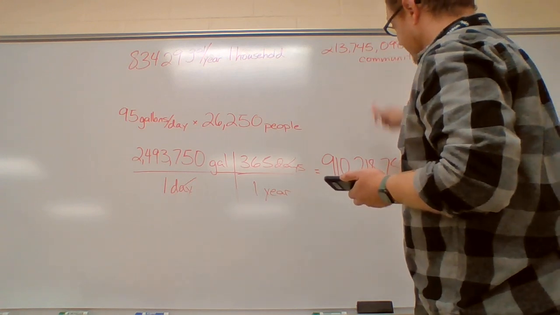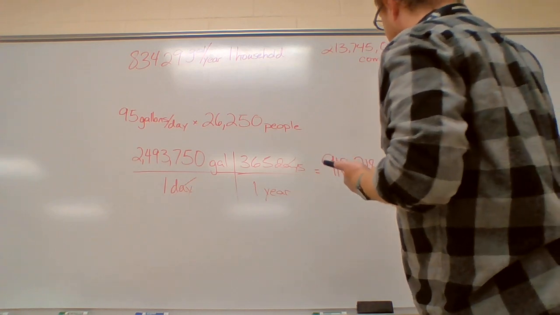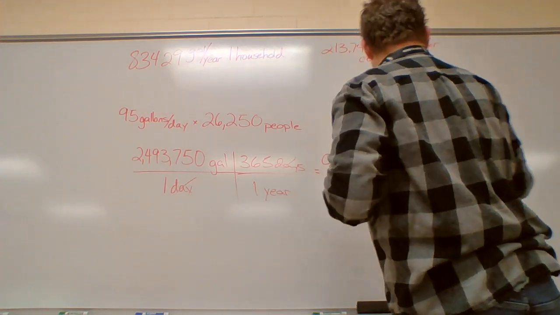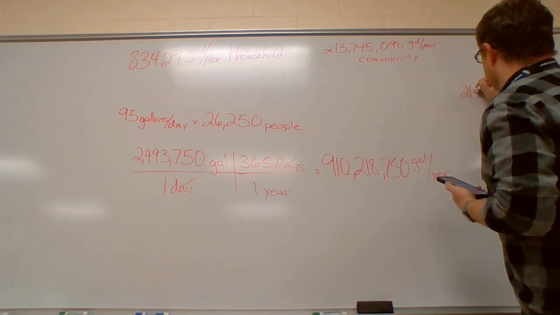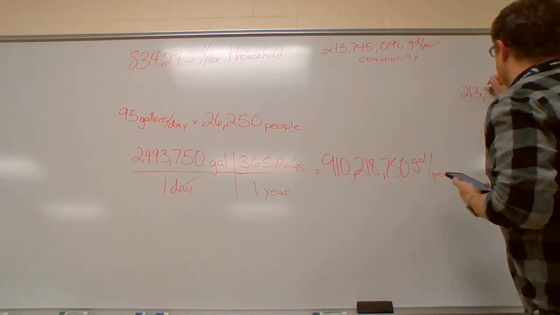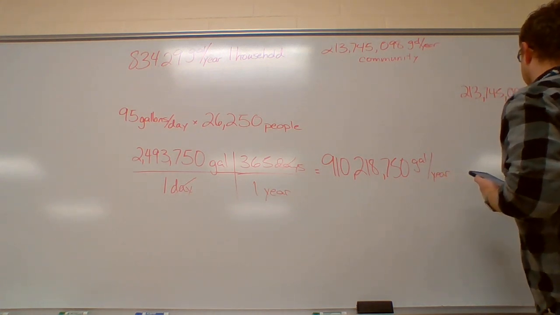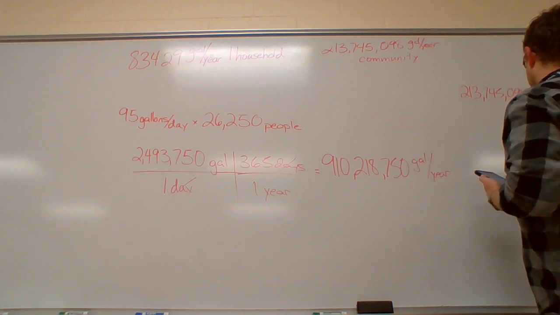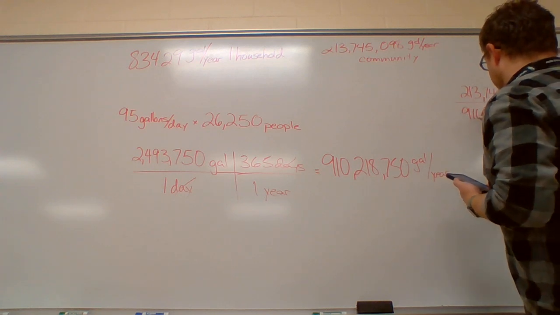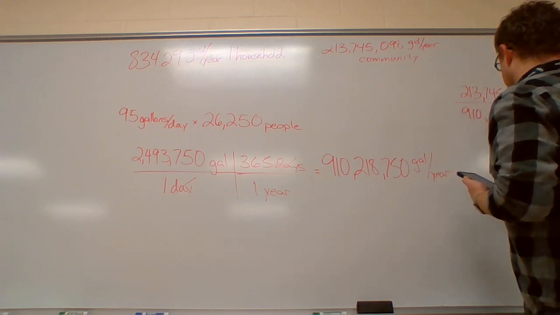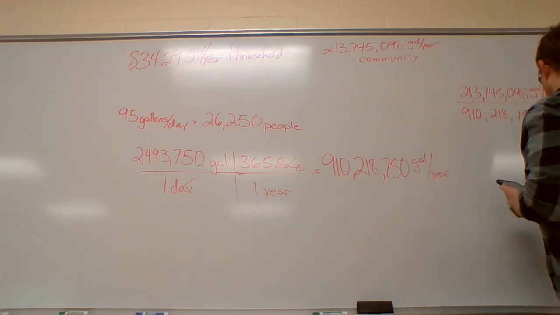We need to take this over this and do it as a percent. So all we need to do, lastly, is it's like a test score. So there's 213,745,098 gallons per year wasted, over 910,218,750 gallons consumed.